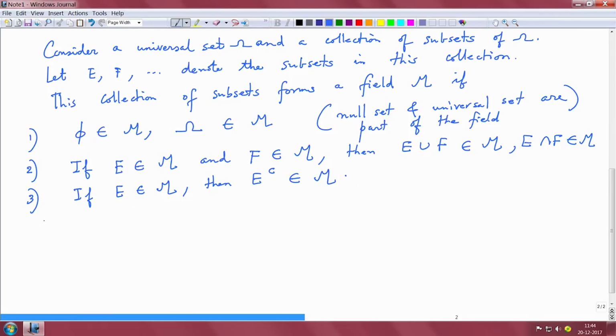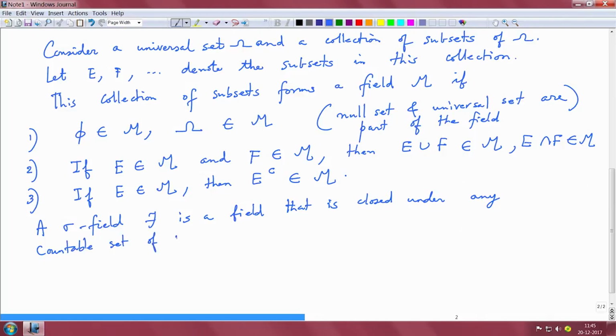Now, these are the properties. A sigma field F is a field that is closed under any countable set of unions, intersections and combinations of these unions and intersections.